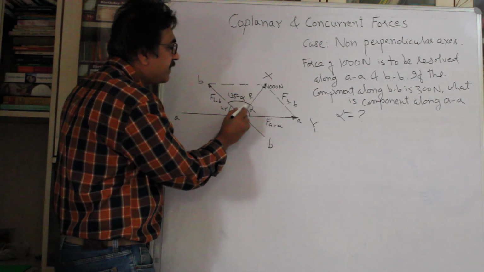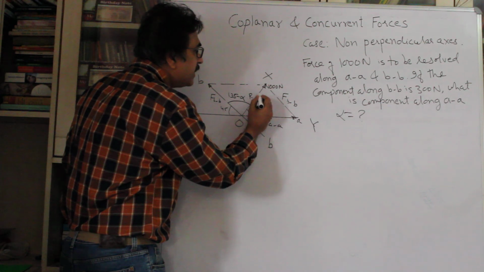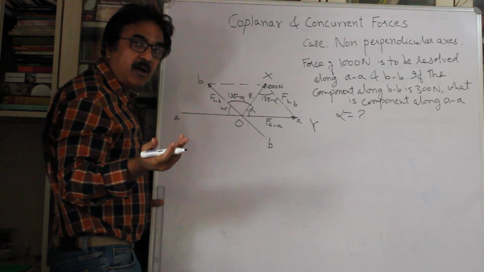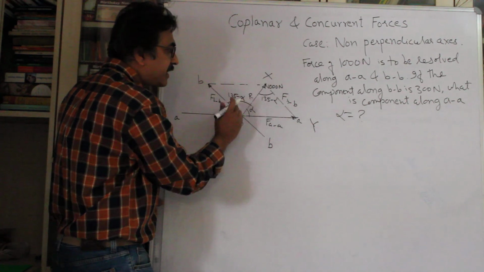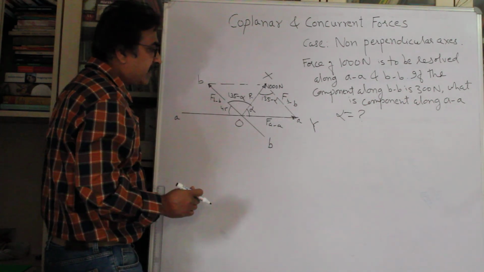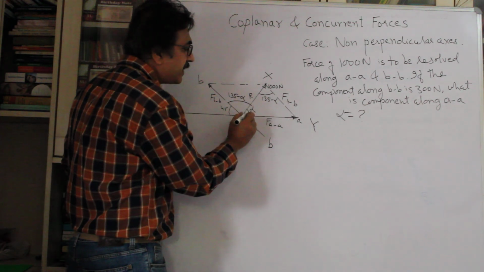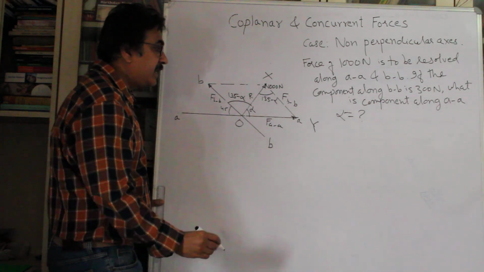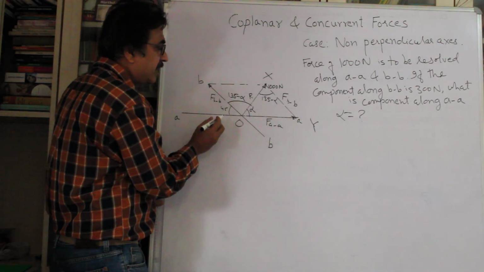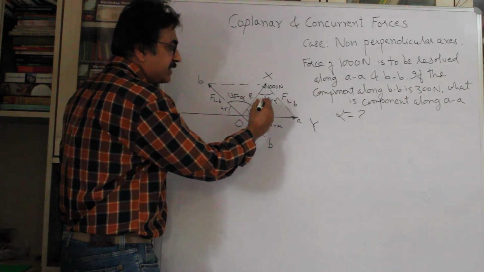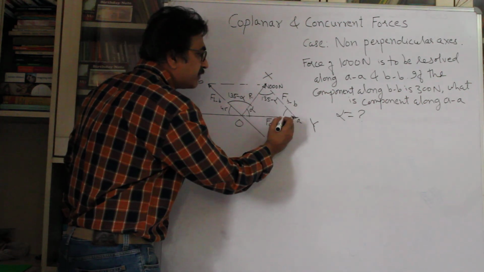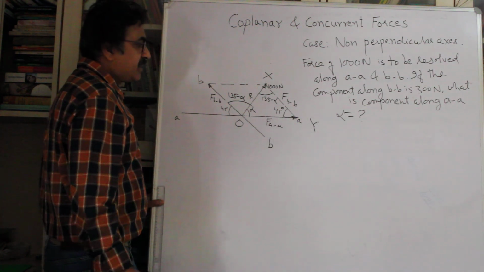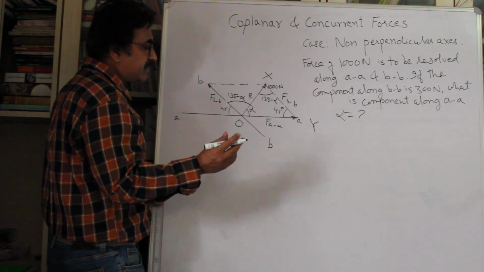So if this is 135 minus alpha, this will also be 135 minus alpha. I hope you agree with this. These are two parallel lines, this is transverse and these are alternate angles. Similarly, if this is 135 minus alpha, this is alpha, the summation of these angles will be 180. So this is 180 minus this plus this, and so this is going to be 45 degrees. Okay. So this is what we have.